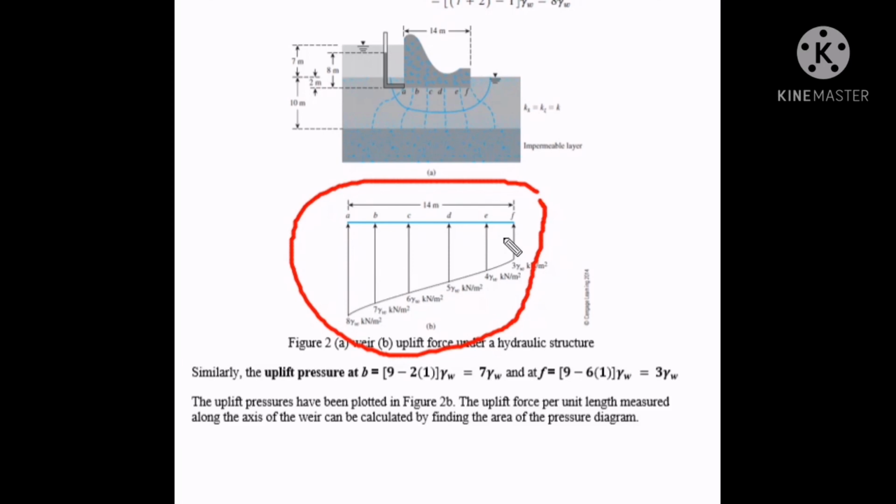That will be the uplift force. So this will be the area. The area of this one is 8 plus 3 over 2, quantity 14, that would be multiplied by 1, that would be the force.